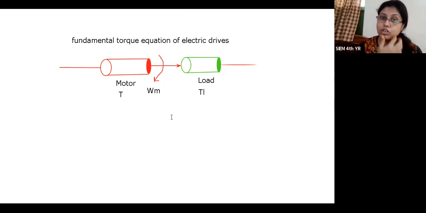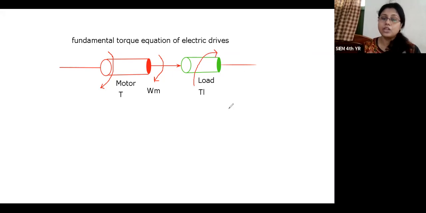So at omega m, this entire setup, the motor, is rotating in anti-clockwise direction. The direction of the motor torque should be anti-clockwise, but the direction of the load torque is opposite to the motor torque, so it will work in the opposite direction.